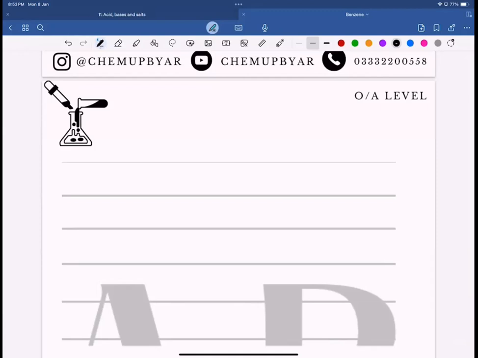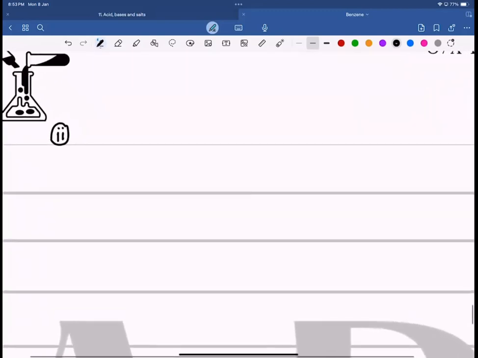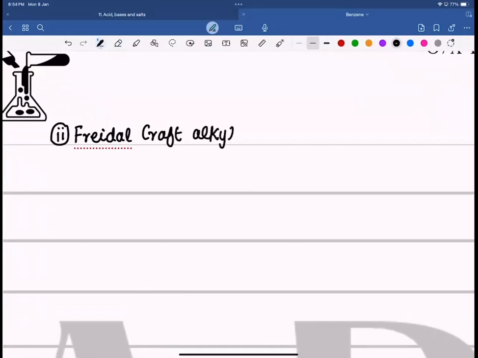Now, the next reaction is Friedel-Crafts alkylation.